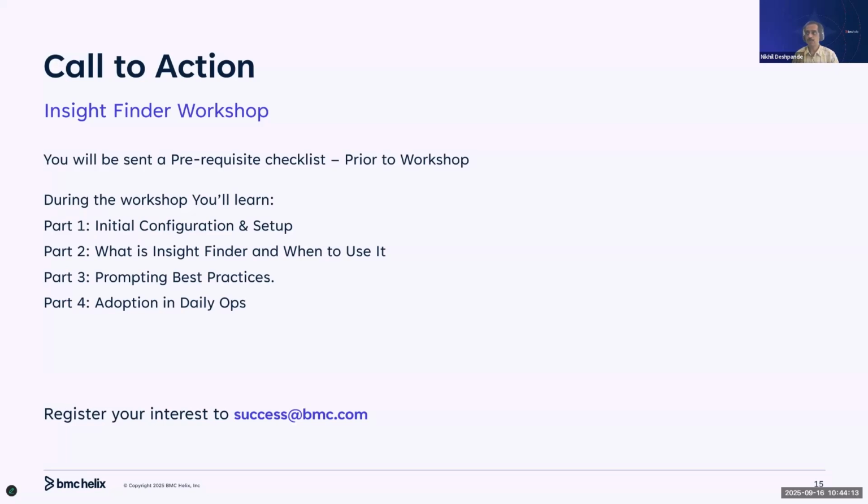So we are covering these workshops where roughly in a 90-minute workshop, we will help you configure Insight Finder. Once you meet all those prerequisites, we recommend that you register your interest for these workshops by sending an email to success@bmc.com. And then we'll invite you to these workshops, which will be running almost every week over the next 2 months or so.